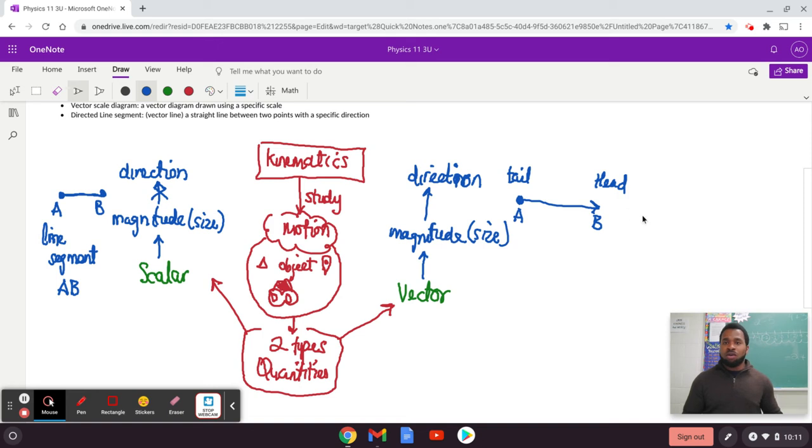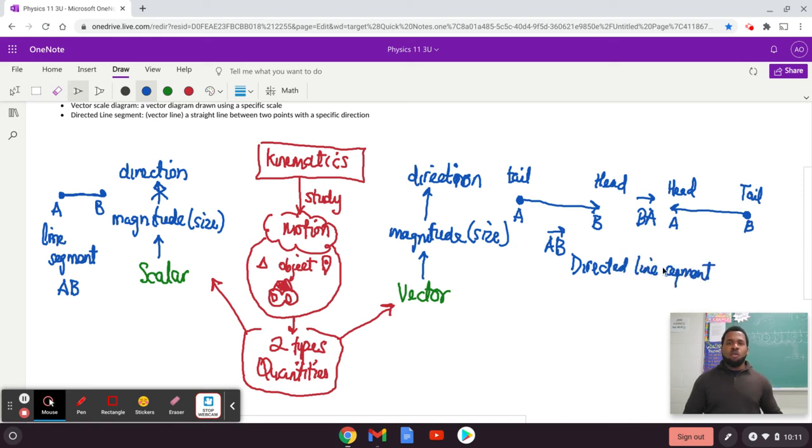However, you can also define this as BA, when the starting point is at B and going to A. In this case, A is the head and B is the tail. The directed line segment from A to B is written with an arrow on top, and from B to A with the arrow on top is the other way around. Take note that this expression is considered to be the directed line segment.